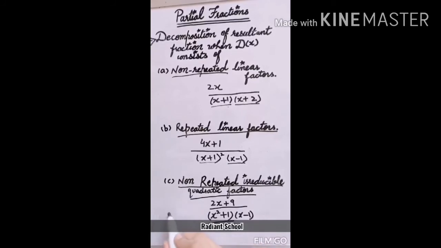Factors of the type ax square plus bx plus c are said to be quadratic factors, in which x has highest power 2. So this first bracket is a quadratic factor because x has highest power 2. And it is irreducible. Irreducible means that you cannot simplify it, you cannot apply any formula.